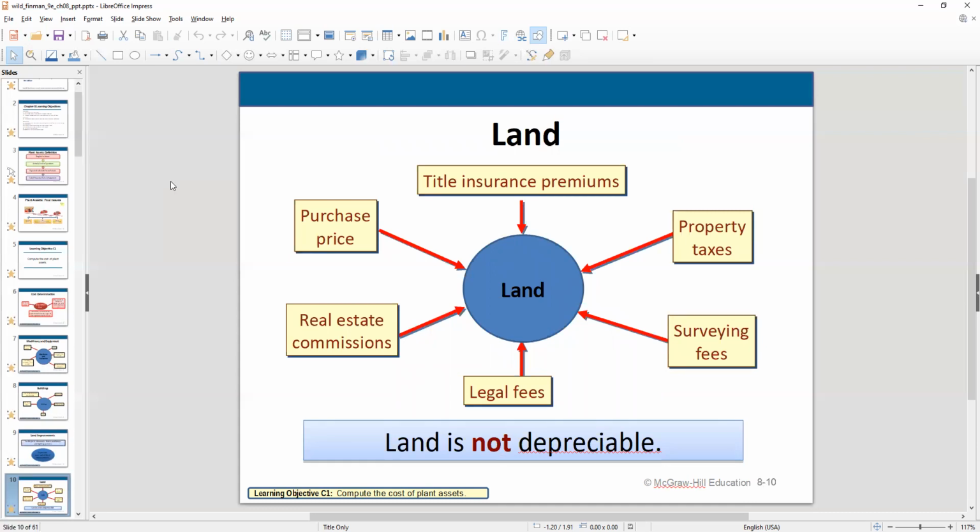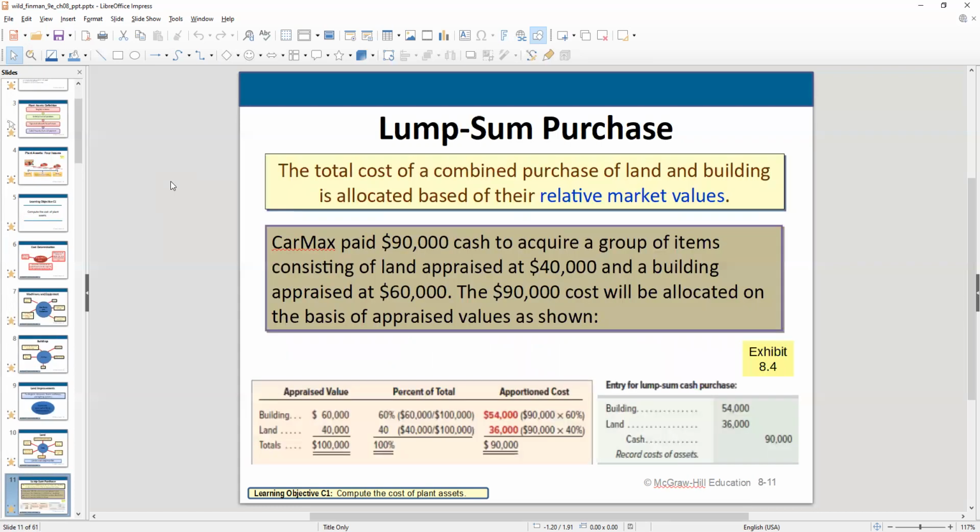Usually when you buy a property with a building on it, it's land and building combined, so we have to come up with some way of determining how to back out the land cost. The land is still carried on the books. It's just not depreciated every year like the building would be. By the way, commercial buildings are 39 years. Residential rental properties, 27.5 years. See, the IRS has a life for everything.